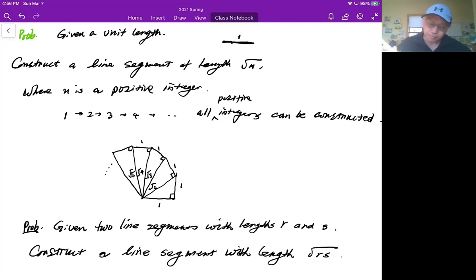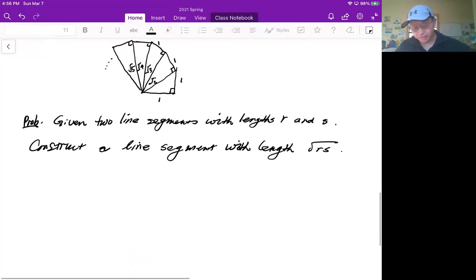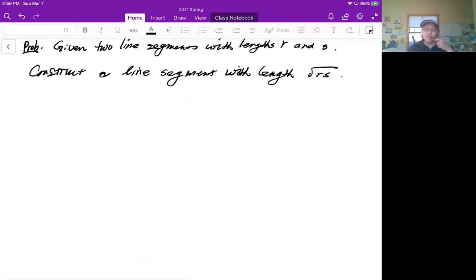How about the next question? The next question is tricky. I have R and S. R and S may or may not be integers, so R times S may not be an integer. R may be just any given number. Suppose I give you two line segments R and S. I want to get the geometric average, called the geometric mean, so the square root of R times S. Can you get that?